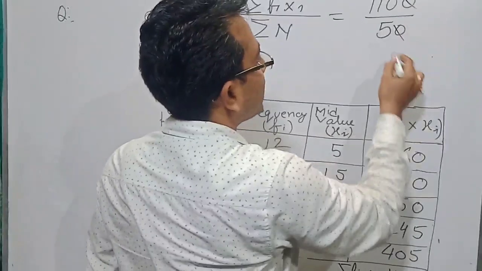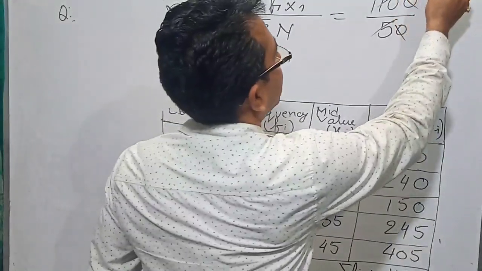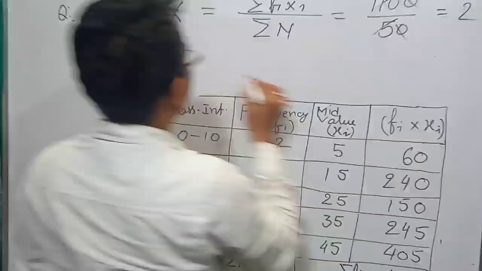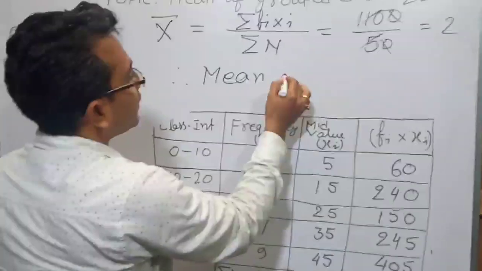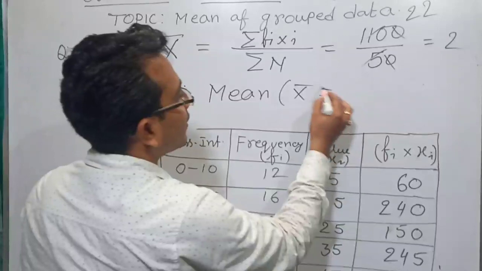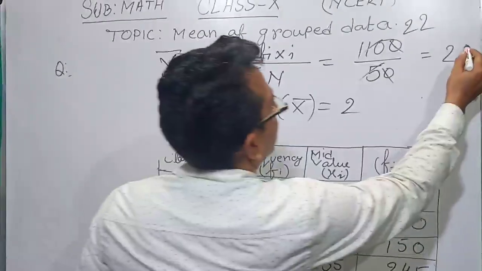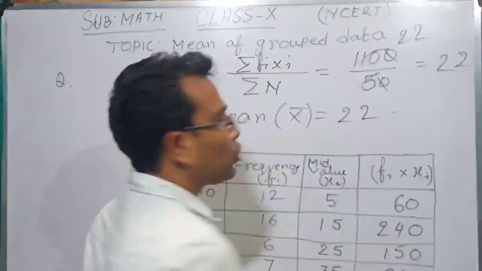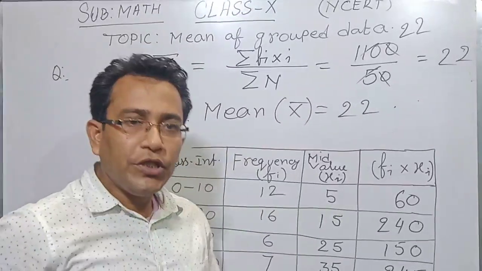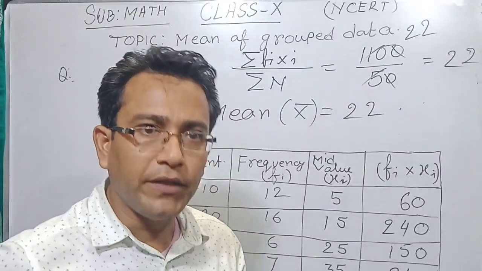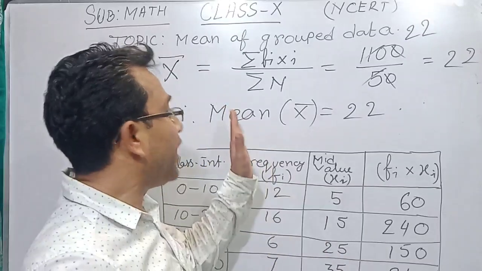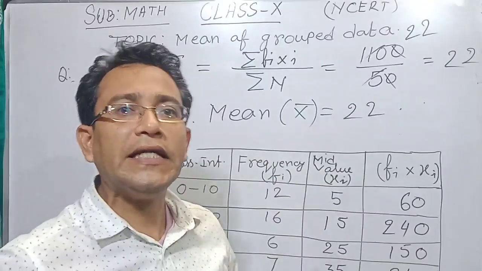Zeros cancel. Therefore mean, that is x bar, equals 22. This is one of the methods to calculate mean, and the name of this method is direct method.